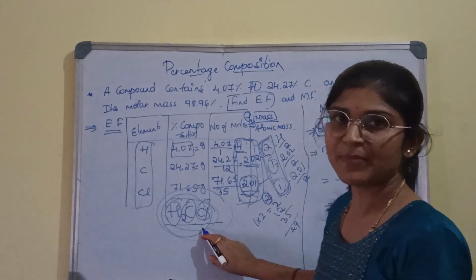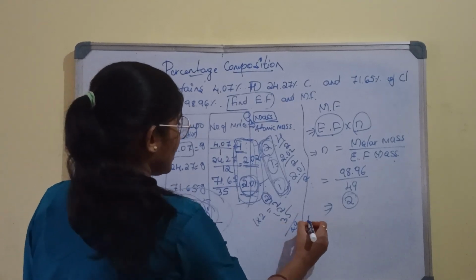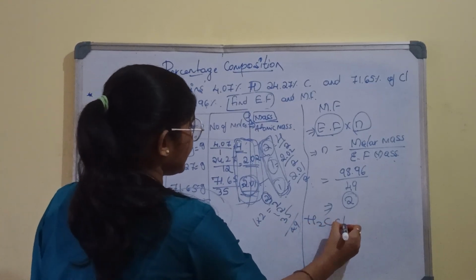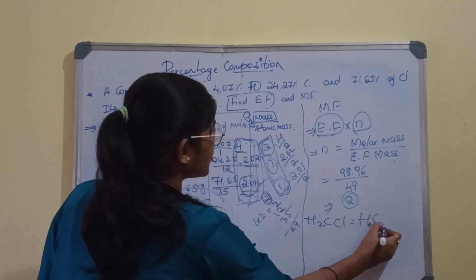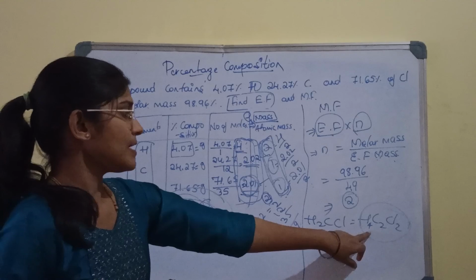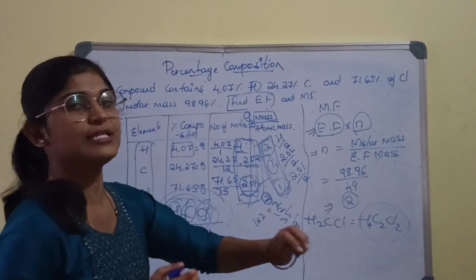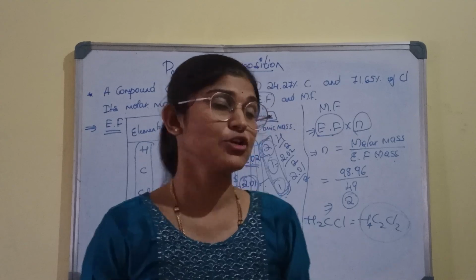You already have the empirical formula H2CCl. So it can be written as 2 times H2CCl, that is H4C2Cl2. This way we have to find the empirical formula and molecular formula.